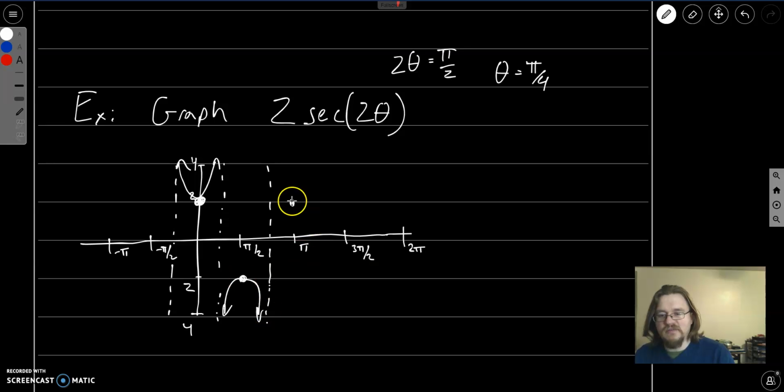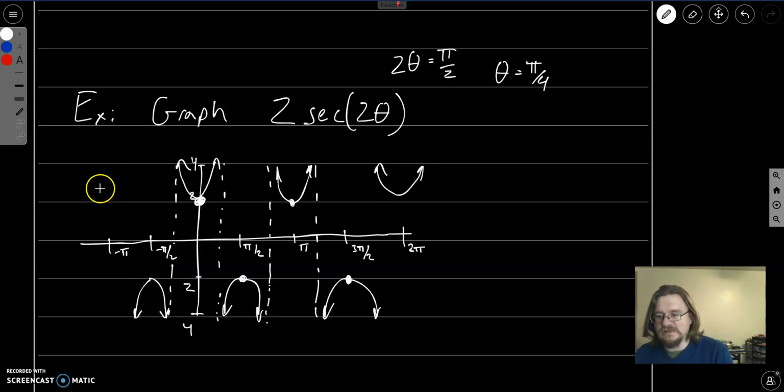And then up here at pi, and then down here. And we can begin to imagine exactly what this is going to look like forever. It's the same thing. It repeats. This is a periodic function. So there's our graph.